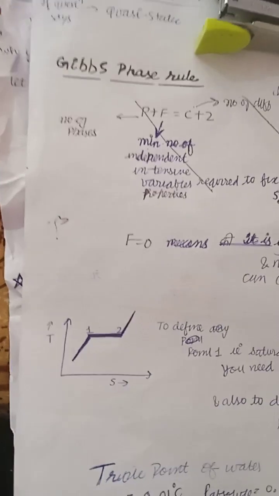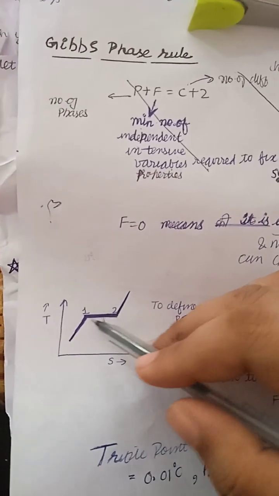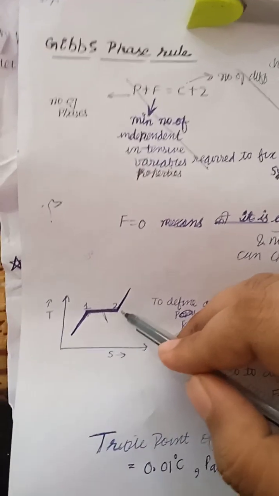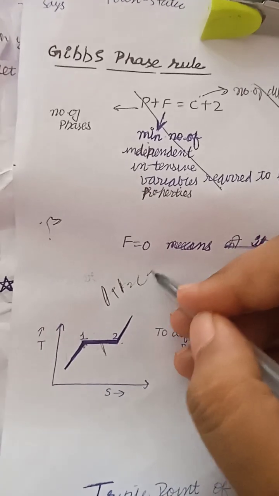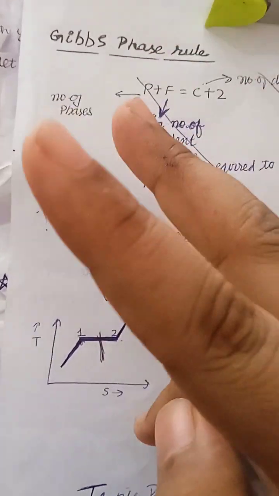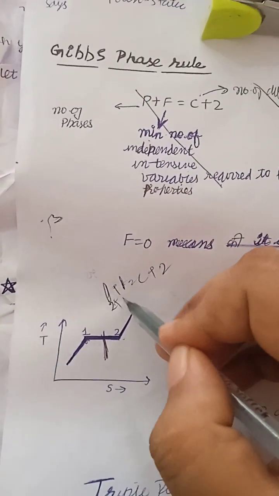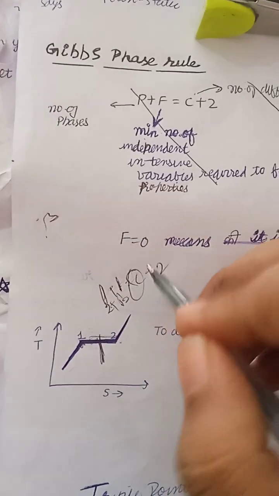Suppose he asks to find the degree of freedom for any point lying in between saturated liquid and saturated vapor. So P plus F is equal to C plus 2. Number of phases at this point is 2: liquid and gaseous phase. So 2 plus F is equal to, number of chemical components is 1, water. Water means H2O.